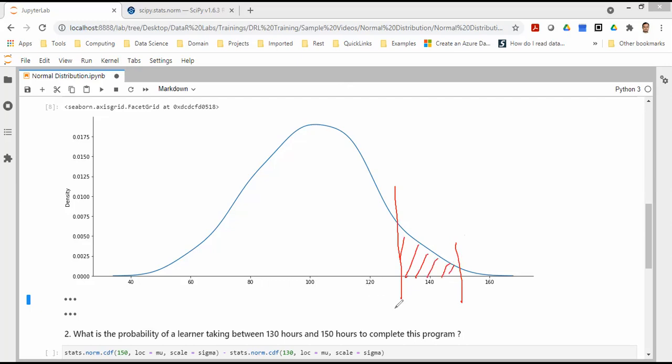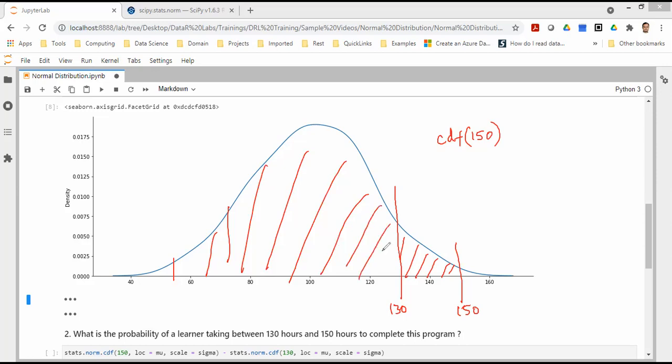And for this, I have to simply do CDF of 150, which would give me this entire area towards the left side of 150.